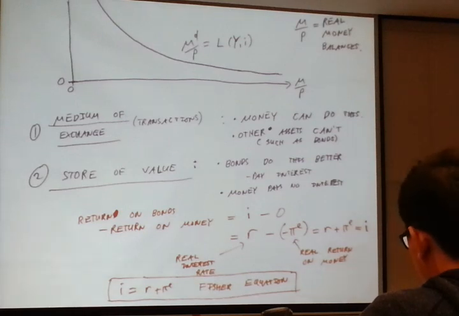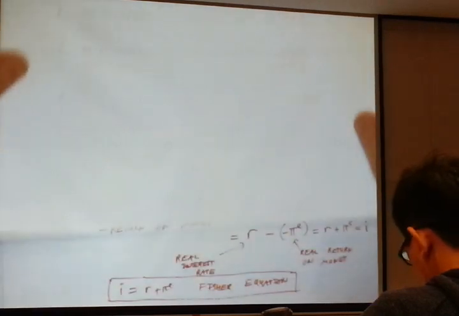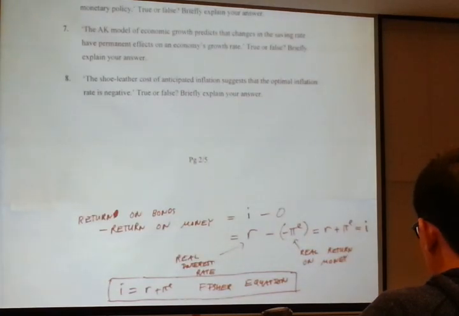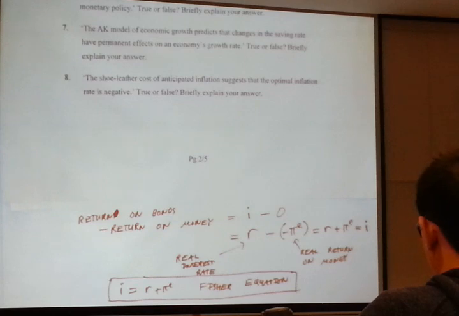Okay, let me test you with short question number 8. So that says, the shoe leather cost of anticipated inflation suggests the optimal inflation rate is negative.